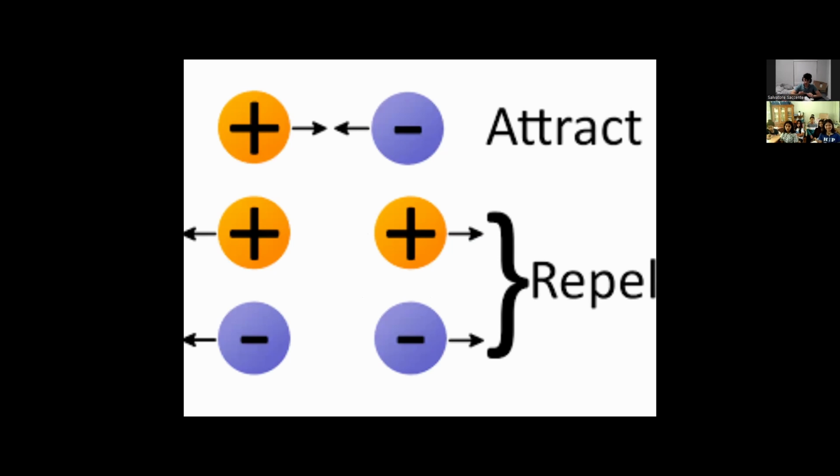Each of those little circles represents the electrically charged particles, like the atoms, at the microscopic level. We can't see these, but they represent those electrically charged particles.